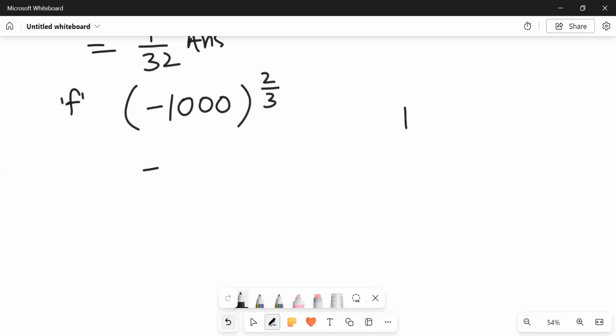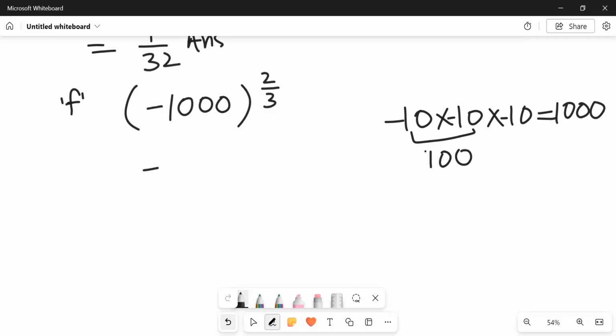If we have 10 multiplied by 10, it will be 100, and 100 multiplied by 10 will be 1000. But if we have negative 10, negative 10, negative 10, then it will be 100, and then multiplied with 10, it will be minus 1000. Okay, this means this is the power of minus 10, 3.